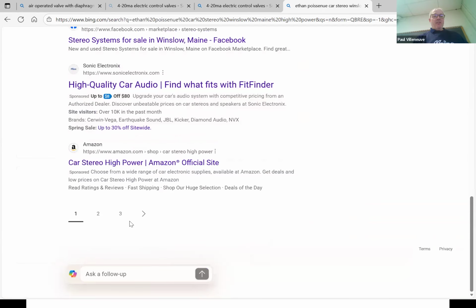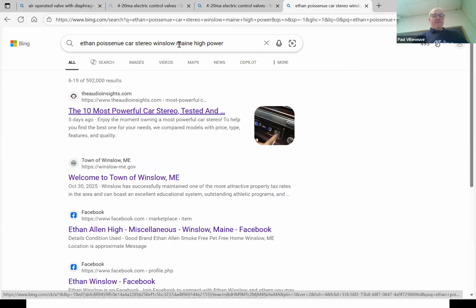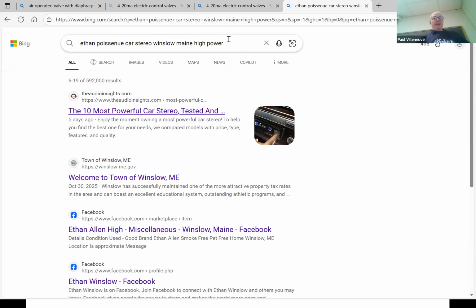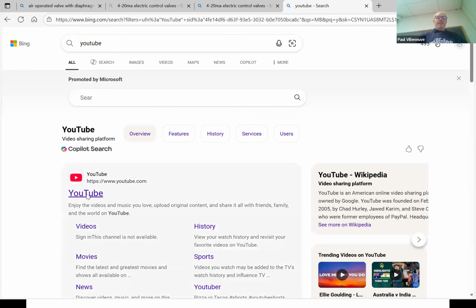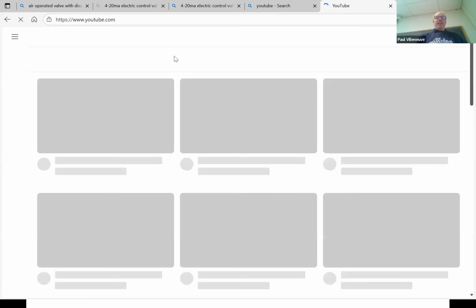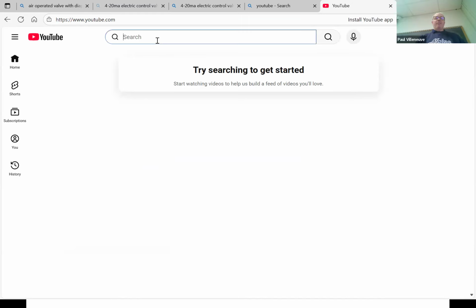He had his own little outfit, a company, and he made one of those. Let's just see. I don't think that was the right one. Anyway, his name is Ethan Poissonnier. I'm not pronouncing his name right.